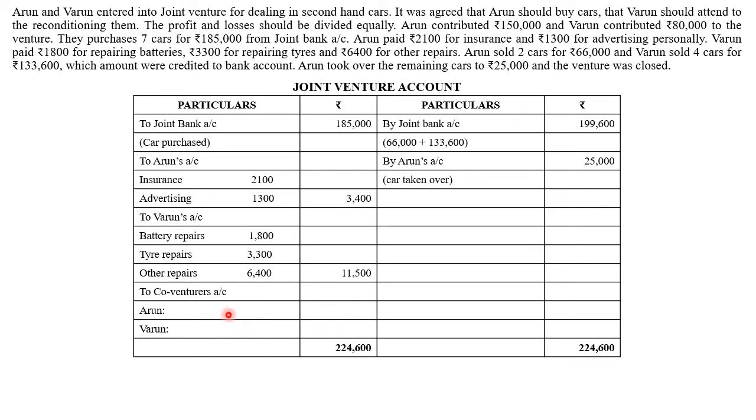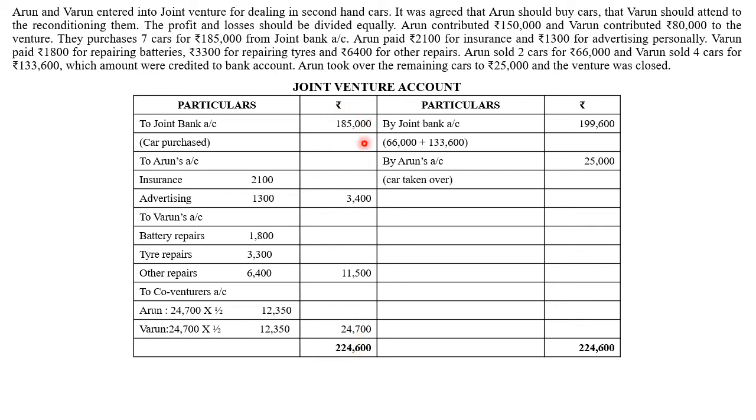Don't write anything inside the column, I will tell you how to apportion. You write here in this column, Arun Varun. In that, the last venture's column, that is in the amount side, your amount column, not the inner column. You just see this: 24,700 is the difference. 2,24,600 is the total.